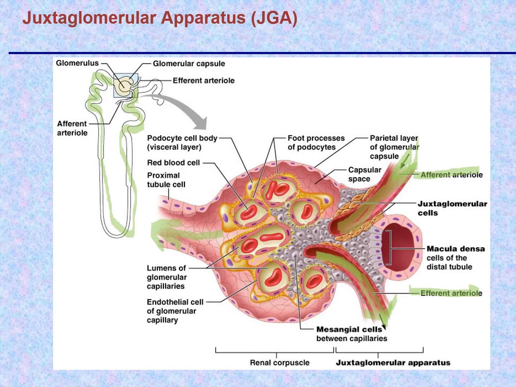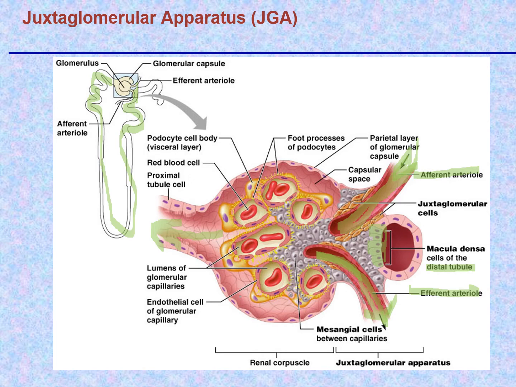I told you that the distal convoluted tubule always comes back near the glomerular capsule where it originated. Here you see that distal convoluted tubule in cross section. In the wall of the distal convoluted tubule, right here, where it comes back near the nephron it originated from, is a structure called the macula densa.